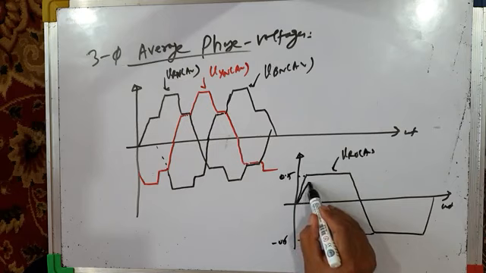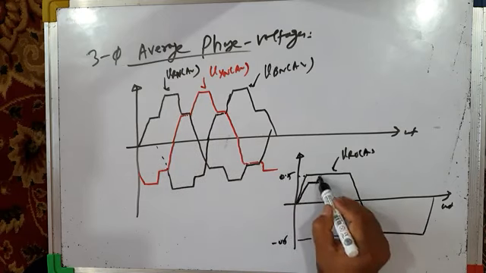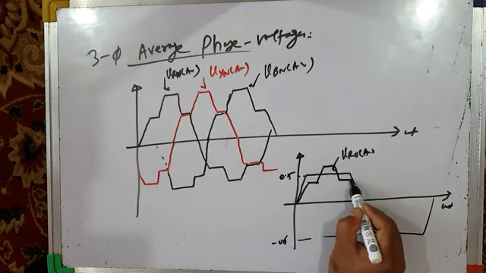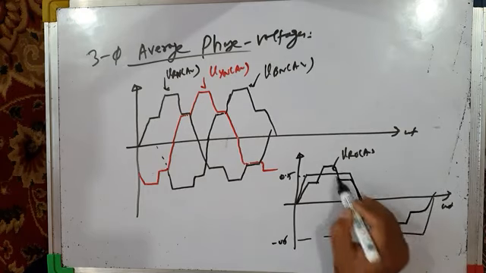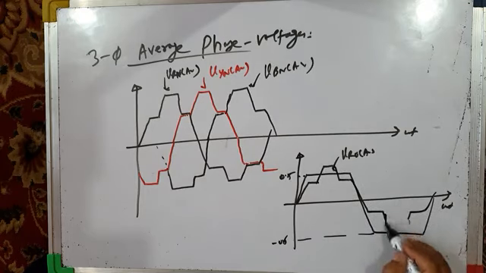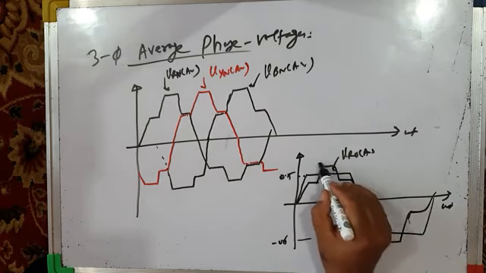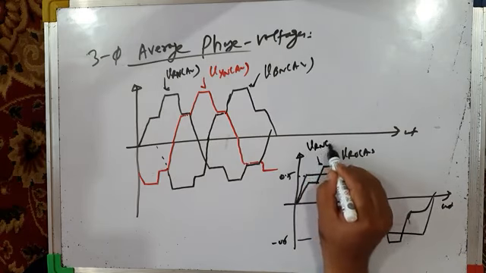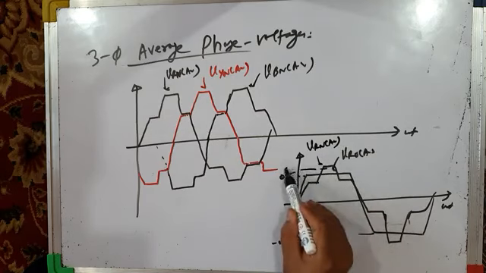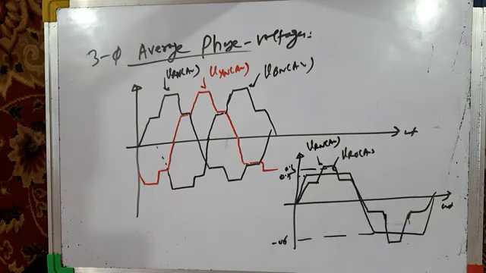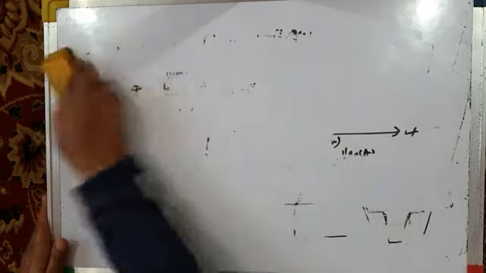Our phase voltage is like this. Sorry, it has to be outside this. So this is our phase voltage, VRN average, and this is 0.6. So you can see it is totally different. It's almost six-step operation.